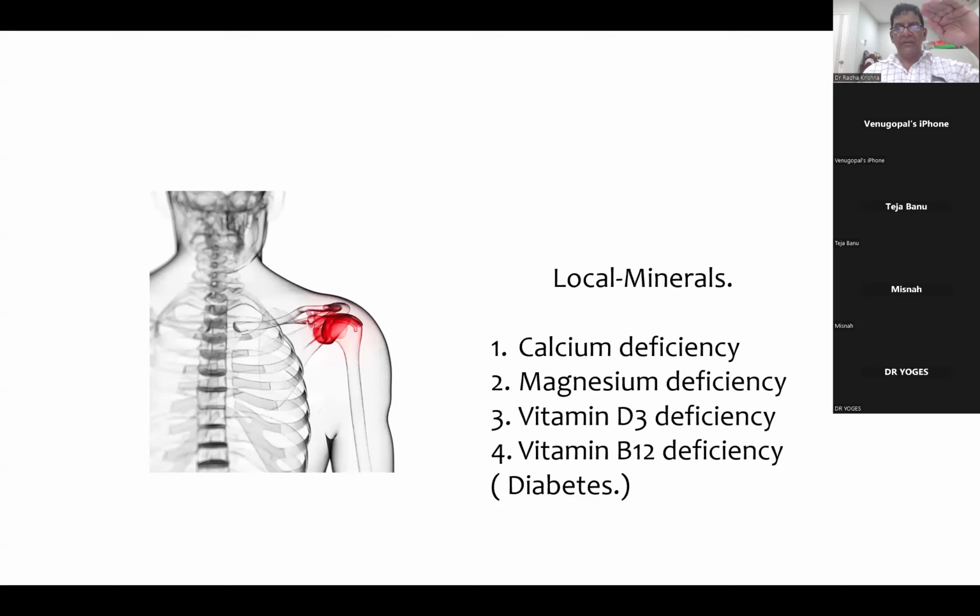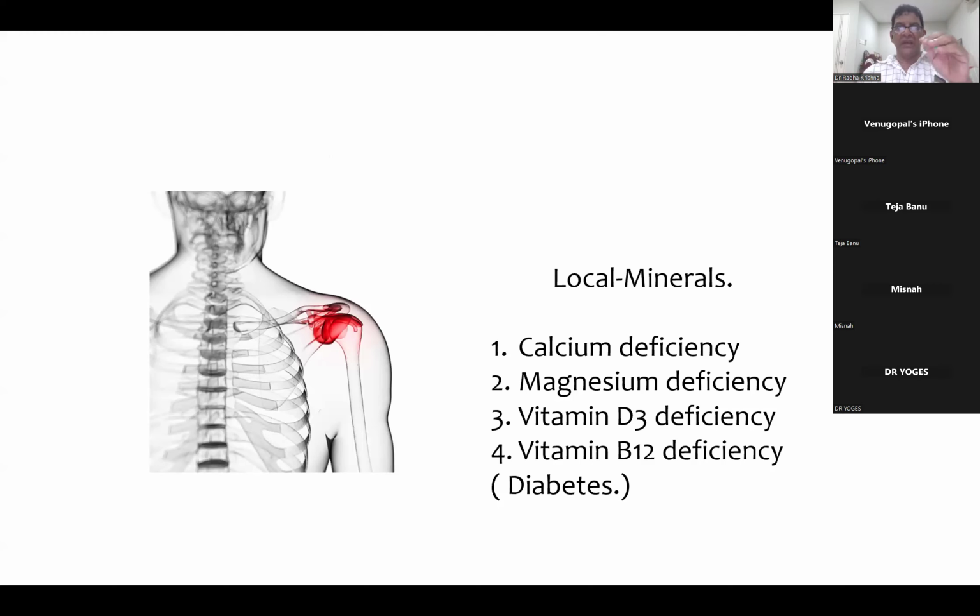Step 7. What I found is they can be associated with mineral deficiencies like calcium deficiency, magnesium deficiency, D3 deficiency, B12 deficiency, especially in diabetes, because of oxidative stress or many other AGEs pathways. There can be inflammation going on.